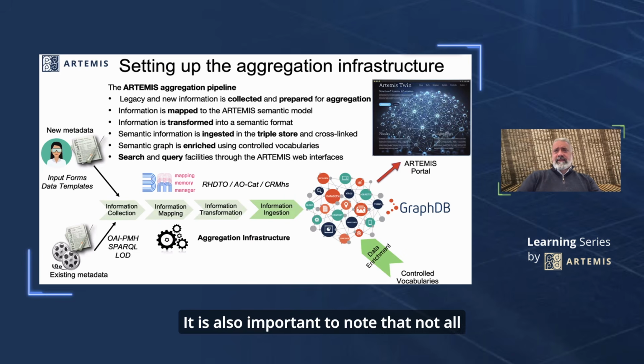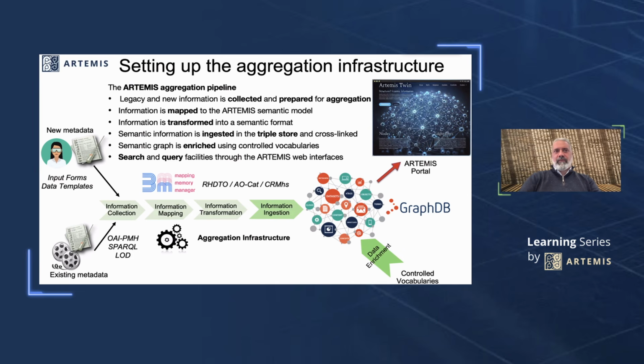It is also important to note that not all the information available in Artemis is already modeled using an ontology. The information needs to be, in a way, remodeled, transformed, and readapted to be made semantically consistent and interoperable.